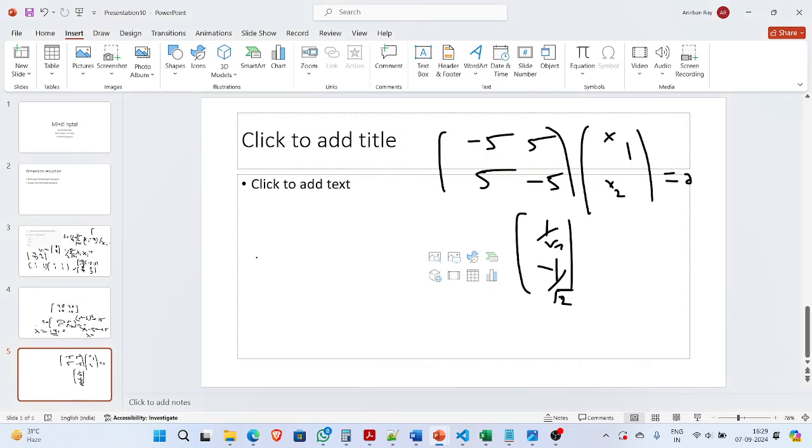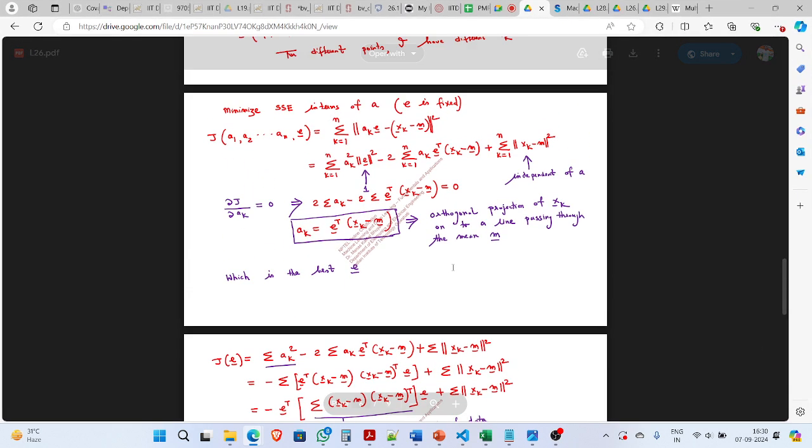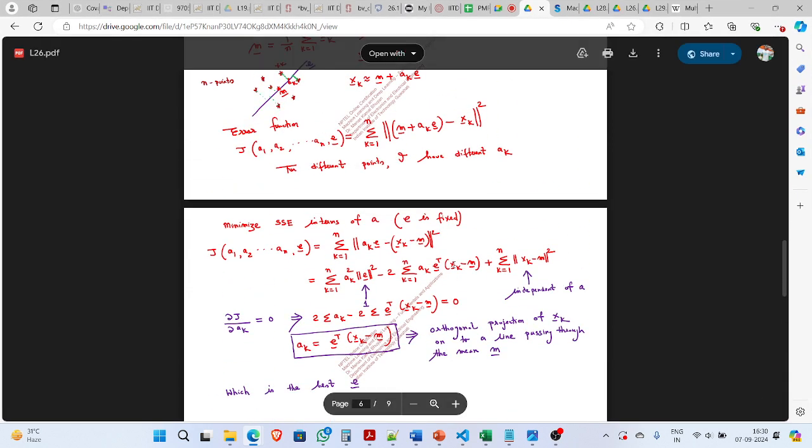E transpose is this: 1 by root 2, minus 1 by root 2. And let's see xk.